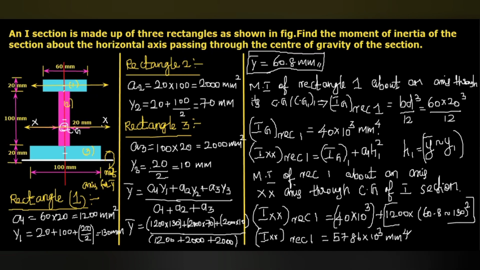So now we calculated the moment of inertia of rectangle 1 about the axis xx, which passes through the center of gravity of the I section. In the same way, we have to calculate for rectangle 2 and also for rectangle 3.